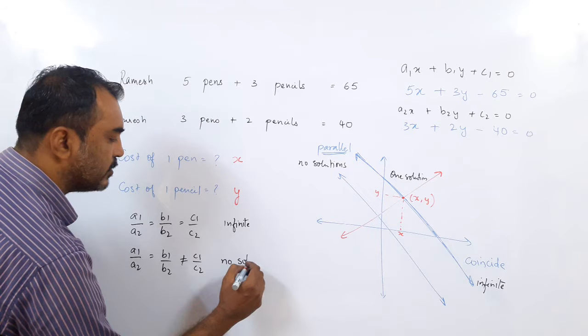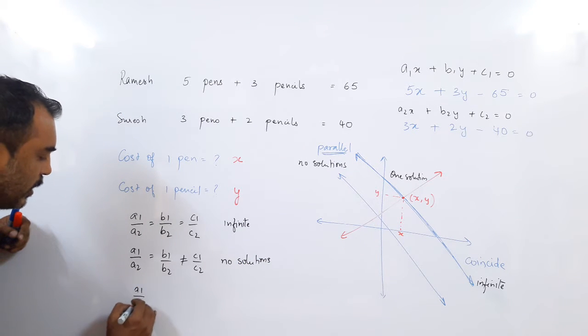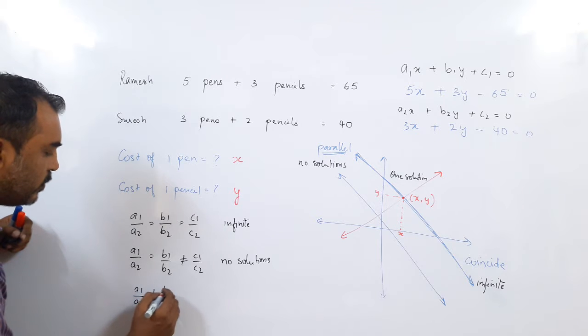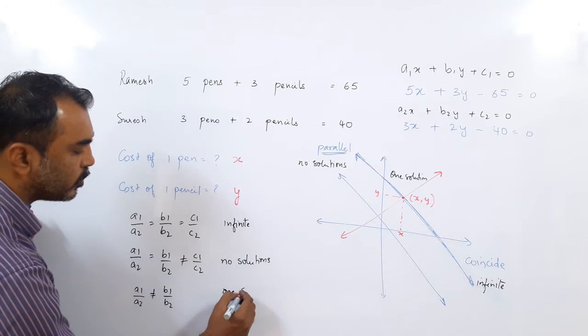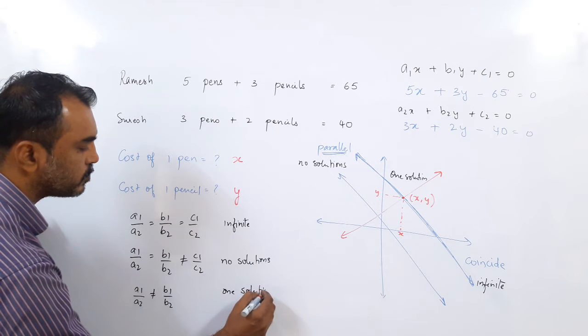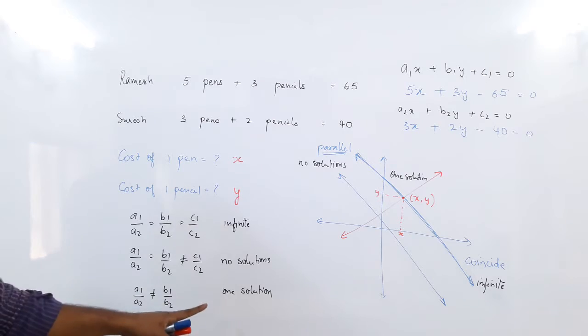These are the parallel lines. But if a1 upon a2 is not equal to b1 upon b2, then we will get only one solution.